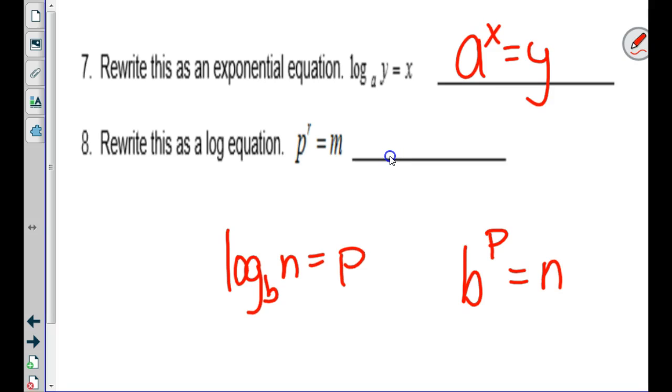If you get these wrong, guys, this is a huge concept error. Okay, how do you rewrite this one? Log with a subscript of some number equals the exponent r. Everybody good? Don't miss those.